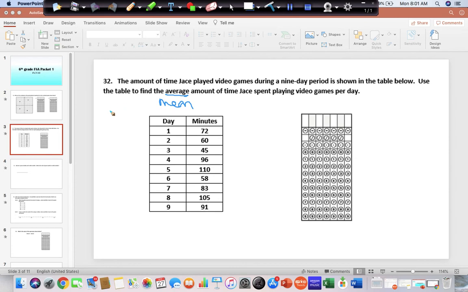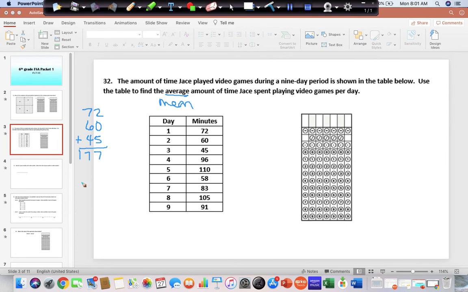So you can add them all together at one time, or you can add them together in smaller chunks. I like to do smaller chunks just so that I don't make as many mistakes. So 5 plus 2 is 7. 7 plus 6, well, 6 plus 4 is 10, plus 7 is 17.